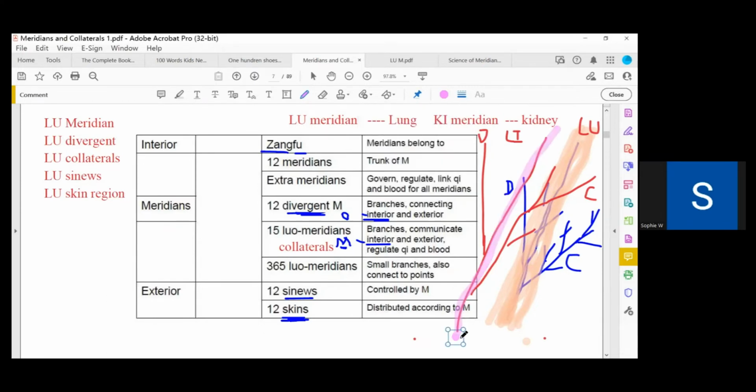The skin for the large intestine is a region, okay? But this region will be along its related meridian, right? This purple one, that's the large intestine skin region.